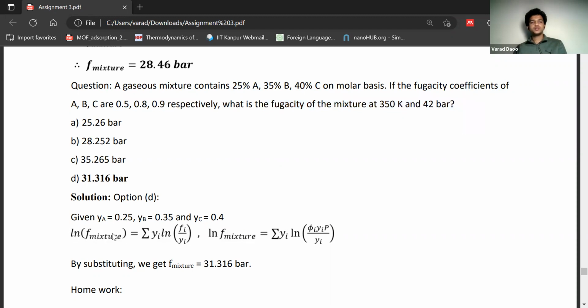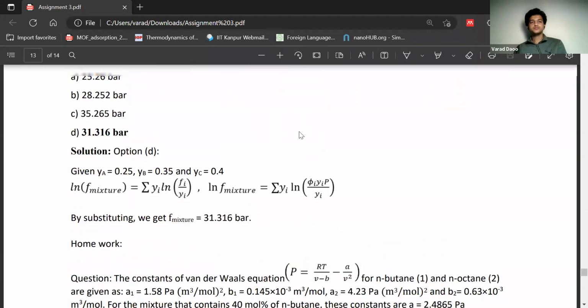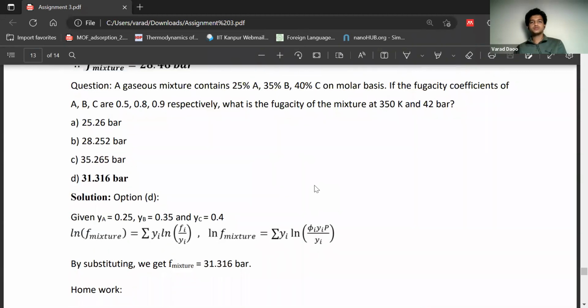So this is the expression for that. ln of the fugacity of the mixture is nothing but the summation of yi ln of fi by yi, same as the previous question, which simplifies to this. When you substitute the values, you get this.